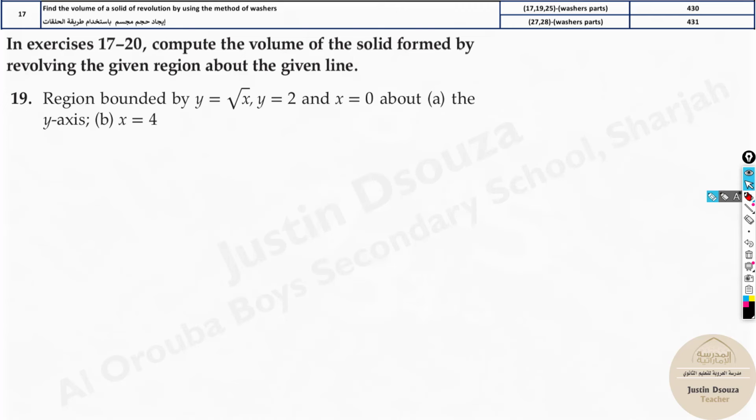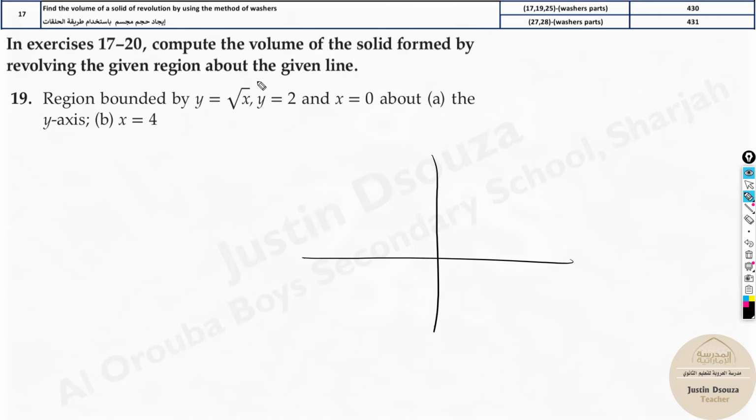Now let's do one more problem here. This is with respect to dy. Okay, let's do this. The region is bounded by y is equal to, sorry, not x squared, root x. I'm just maybe sleepy.